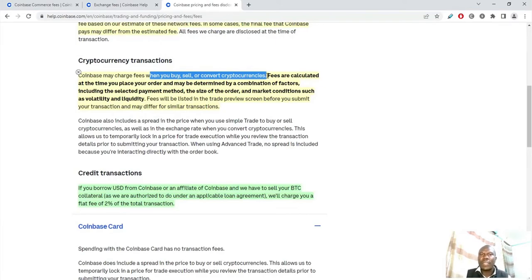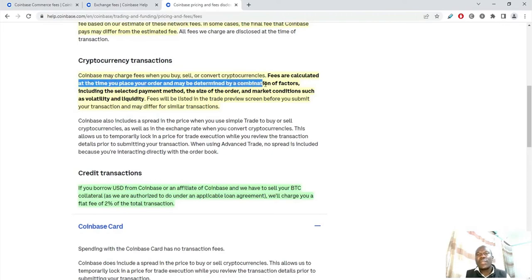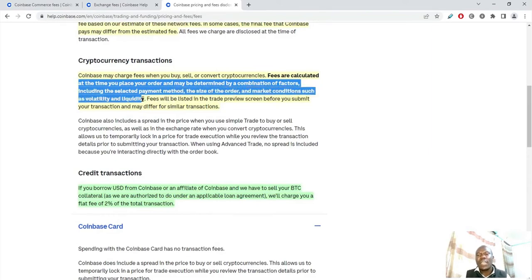So when you buy, sell, or convert cryptocurrency from one crypto to the other, Coinbase will charge you that. The fees are calculated at the time you place an order, and may be determined by a combination of factors, including the selection of payment method, the size of the order, and market conditions such as volatility and liquidity of the assets that you want to buy or sell.